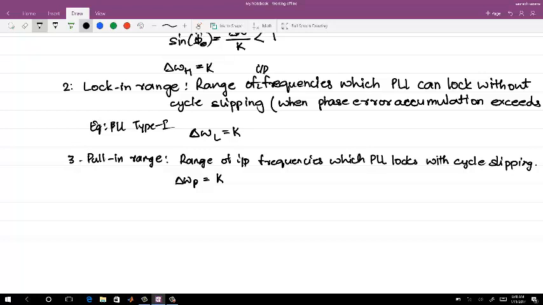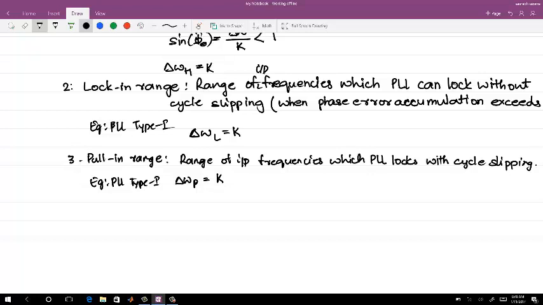Yeah, so this is the very particular nature of type 1 PLL. So whether that is a property of an accumulation or there is some other thing.